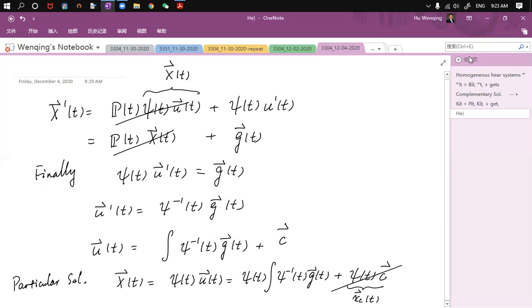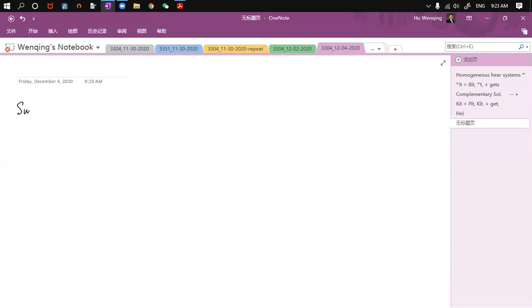So finally, let us summarize our result. The summary is that we're talking about variation of parameters for the non-homogeneous equation. So x prime of t is given by the non-homogeneous equation P(t) x(t) plus g of t. That's the non-homogeneous equation we're interested in.